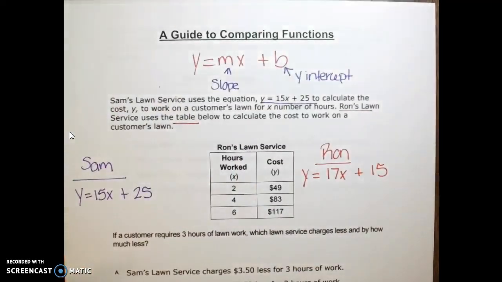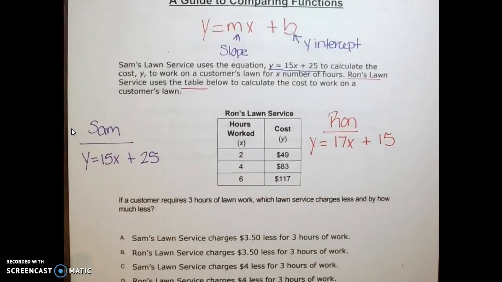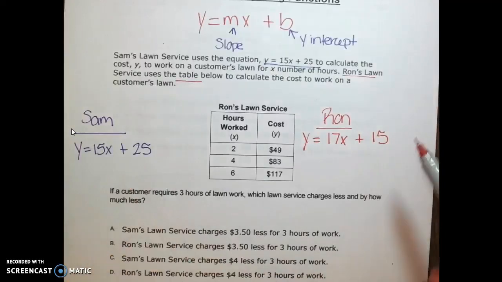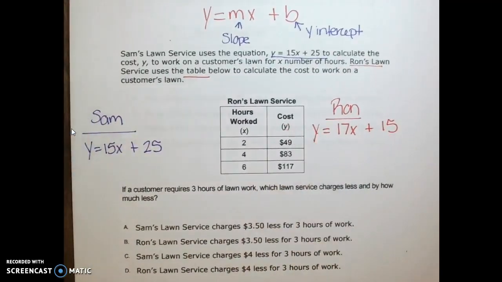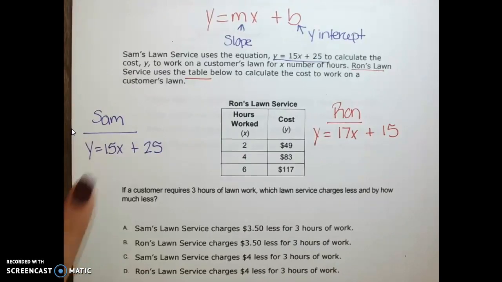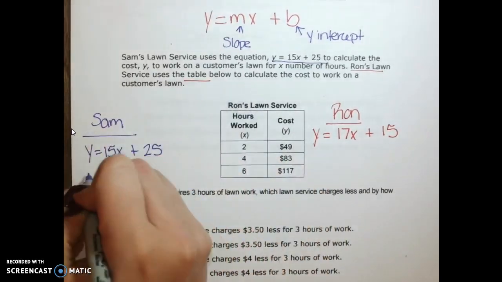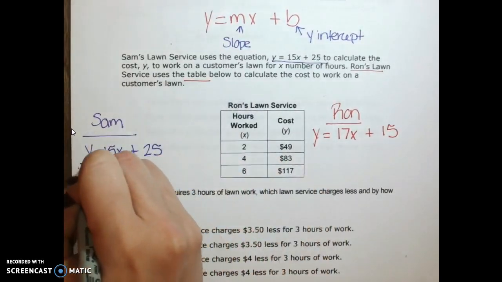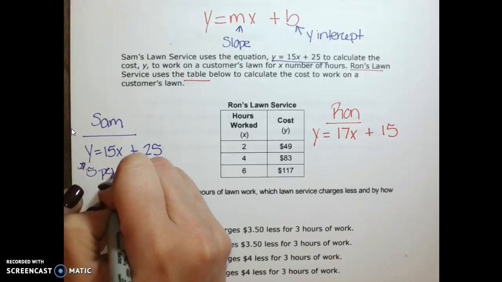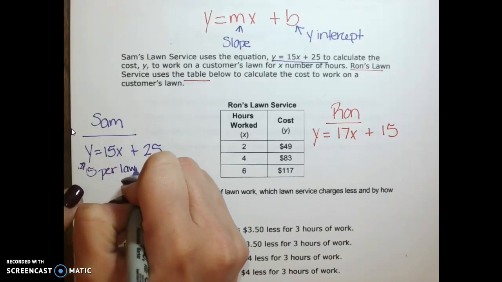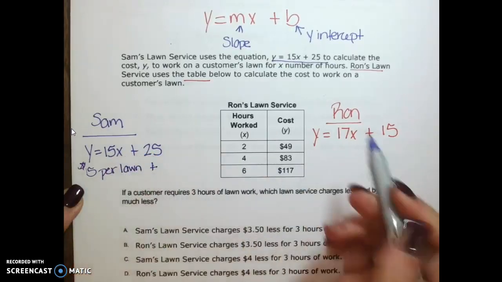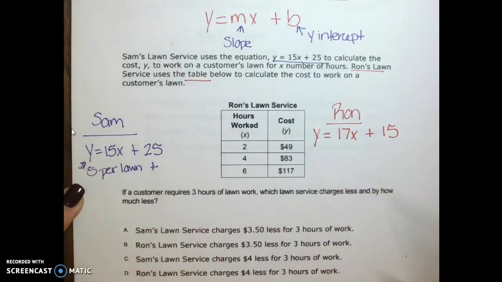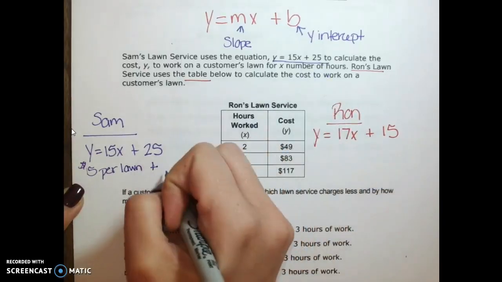Given that information, we have Sam's equation and we have Ron's equation. When you're just looking at the equations, there aren't any words there, but we can create words. In Sam's situation, we have $15 per lawn, because it's right next to the x, plus the 25 fee, like a calling fee or service fee.